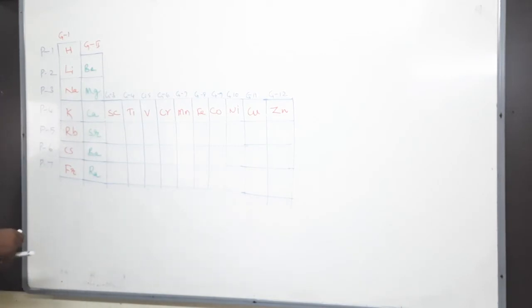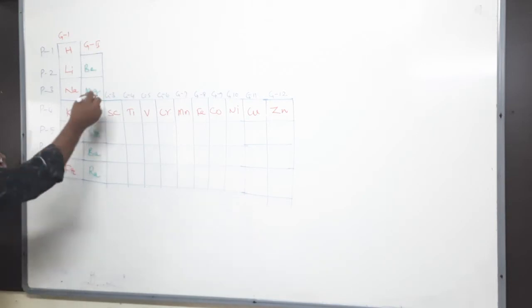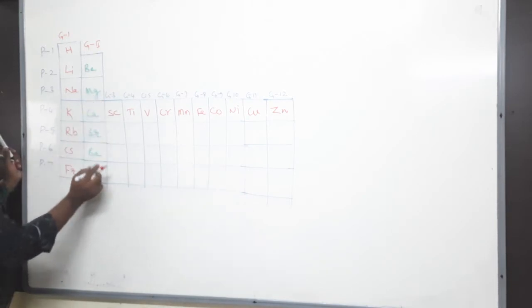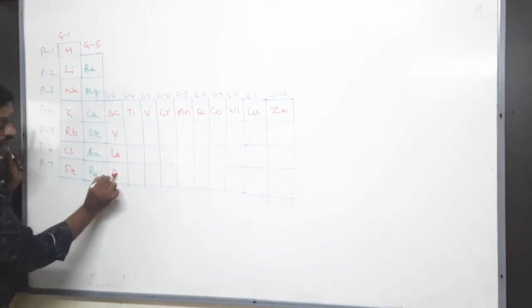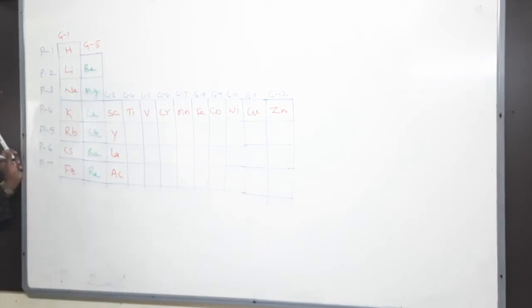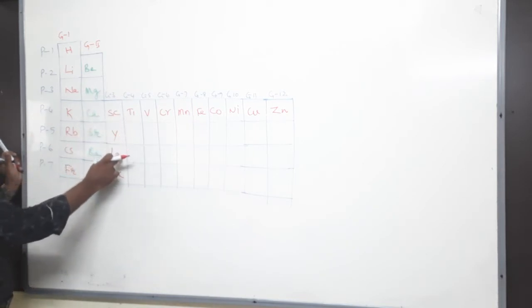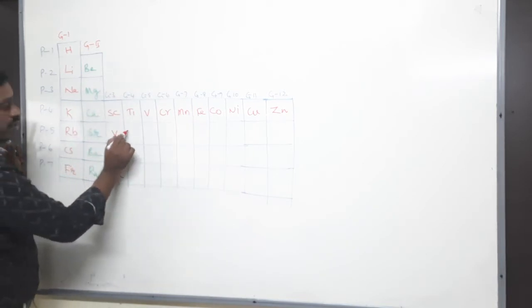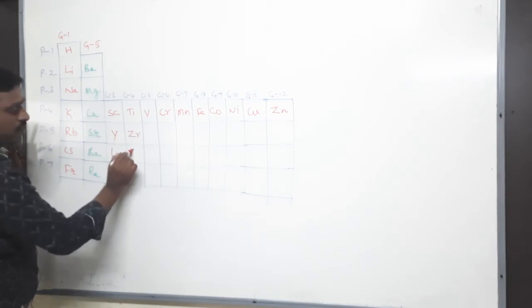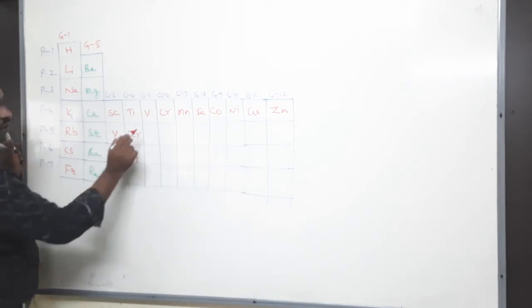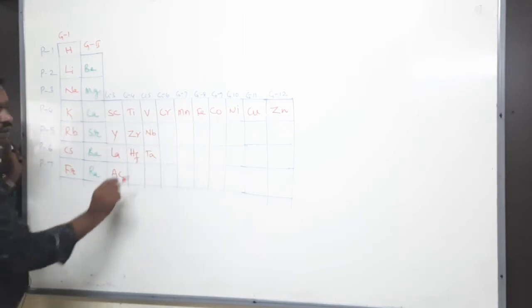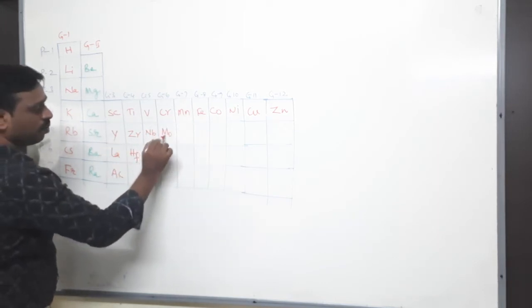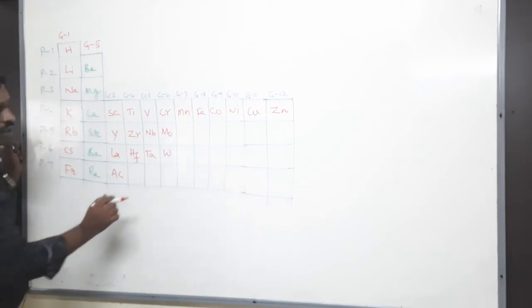Then, can you tell me what are the remaining elements in the scandium group, that is the third group? Scandium, yttrium, lanthanum, actinium. You must remember all the elements group wise. Titanium, zirconium, hafnium. Vanadium, niobium, tantalum. Chromium, molybdenum, tungsten.